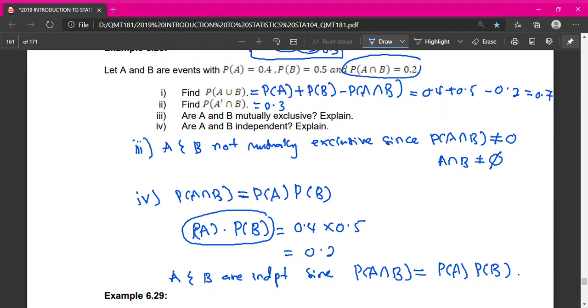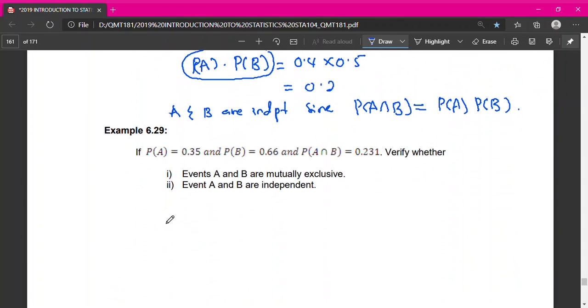Alright, so 3 condition tu yang you kena ingat, mutually exclusive dan juga independent. Okay, nanti boleh try buat yang ni.